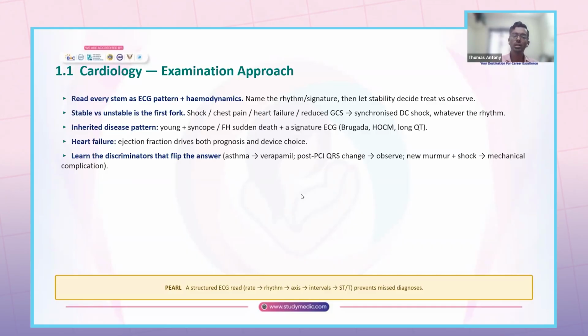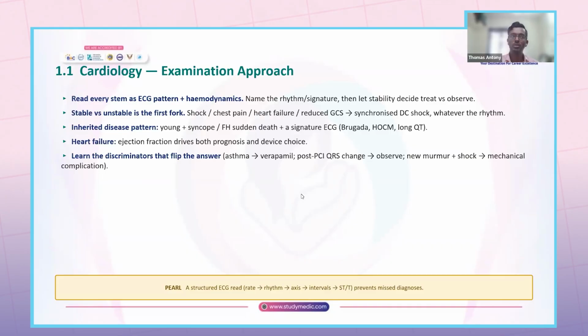We have to know the discriminators that can flip the answers. In MRCP, if you see most of the questions, there could be something misleading. That is the way experts prepare MCQs, because they will keep a discriminator or a distractor in the question. For example, a patient is having an SVT.